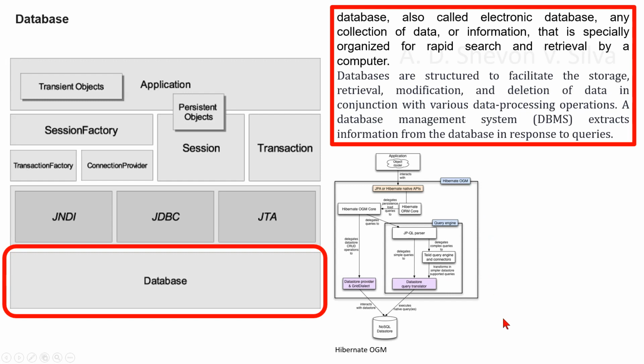Hibernate OGM reuses as much as possible from the Hibernate ORM infrastructure. There's no need to rewrite an entirely new JPA engine. Persisters and loaders, two interfaces used by Hibernate ORM, have been rewritten to persist data in the NoSQL store. This implementation is the core of Hibernate OGM.